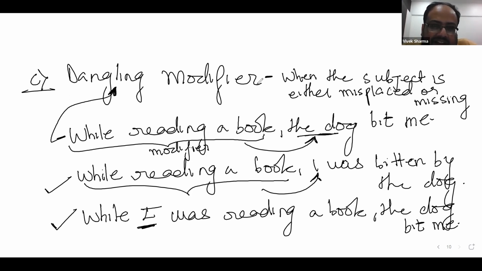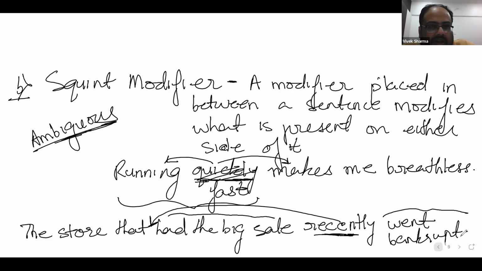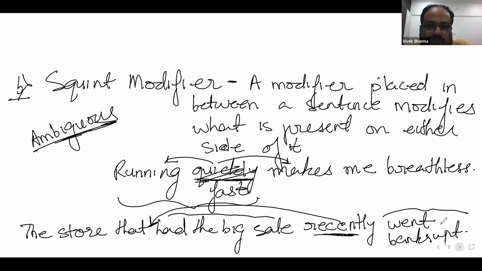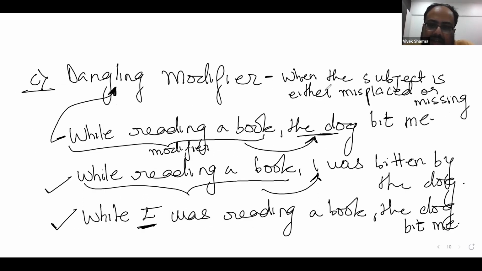Please differentiate dangling modifier from misplaced modifier. In a misplaced modifier, it was the modifier that was misplaced, right? For example, if you look at these sentences, the modifier was misplaced. So in a misplaced modifier, the modifier is misplaced, but in a dangling modifier, it is the subject that is misplaced or is missing. So in this case, while reading a book, the dog bit me.